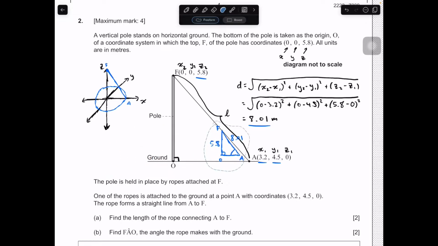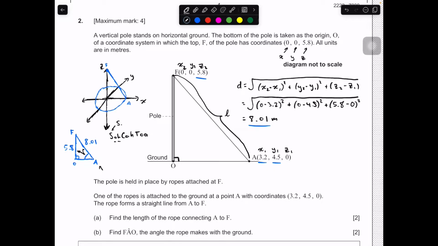I'm going to grab this, bring it over here, I'll leave it here, it's fine. So what do we have? If we want to find this angle right here, we have the opposite and we have the hypotenuse. So remembering SOHCAHTOA, we have the opposite and the hypotenuse.